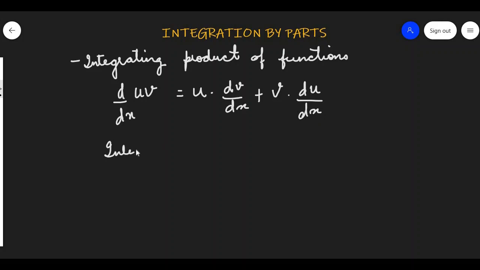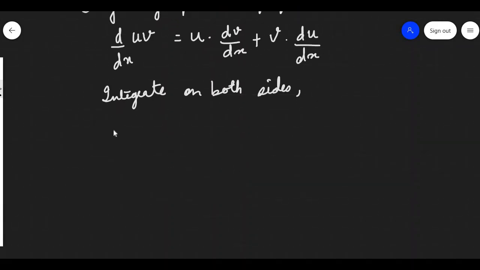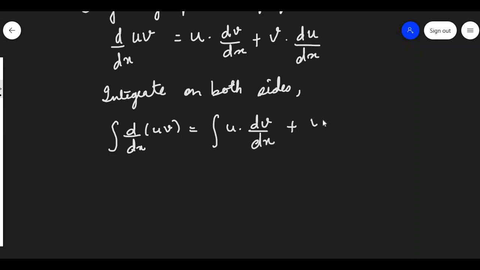If we integrate on both sides, we get integration of d by dx of uv. This will be equal to integration of u into dv by dx plus integration of v into du by dx.